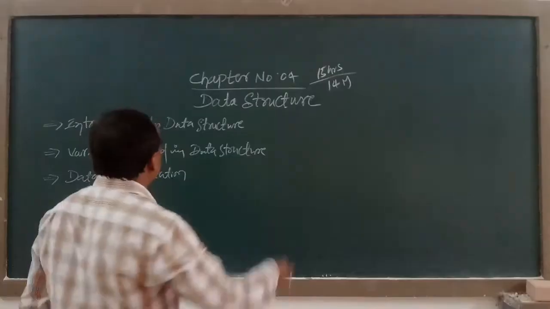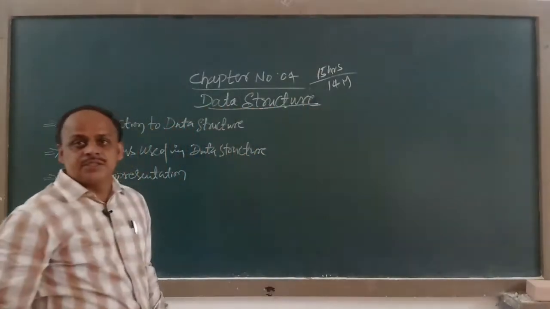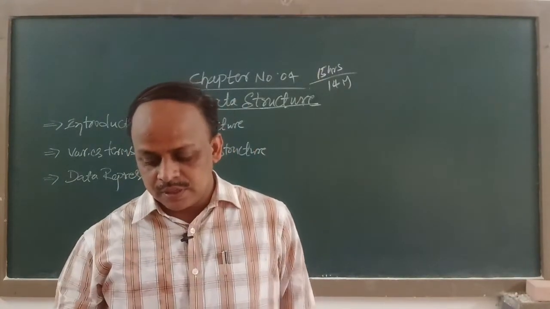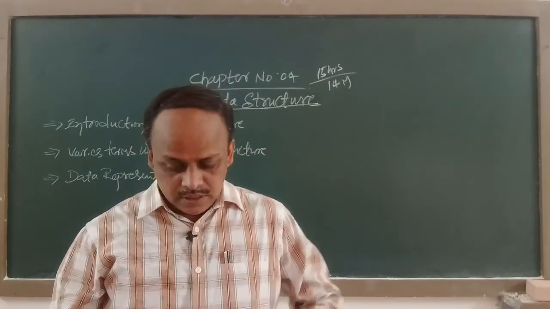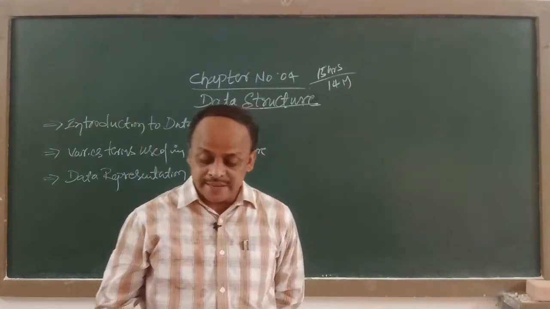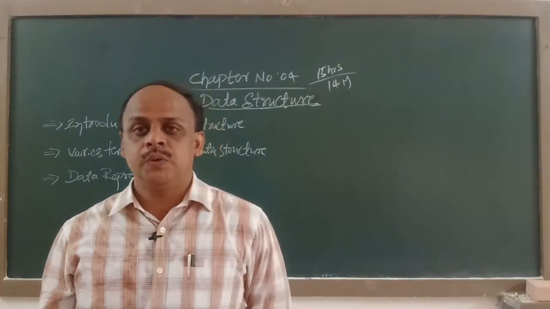So first let us see what is meant by data structure. Data structure is an organized collection of a number of related data items that are treated as one by the computer.